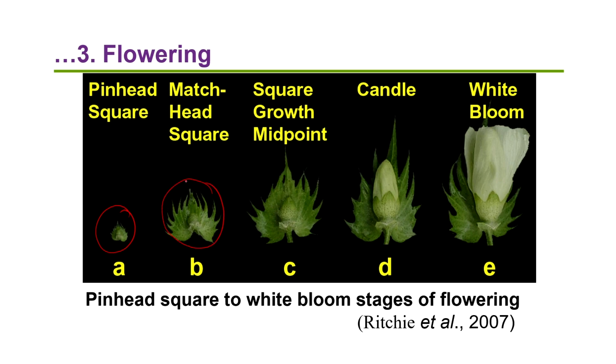Then square growth increases to the midpoint, and finally you see the candle shape square, where you can see the calyx also attached. And then you see the white bloom, the flower has come out. So it clearly shows how flowering happens in this particular crop.